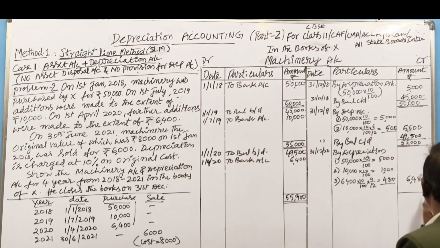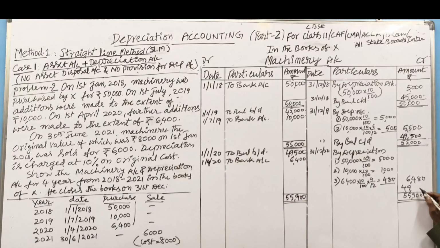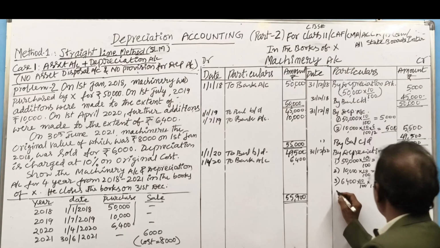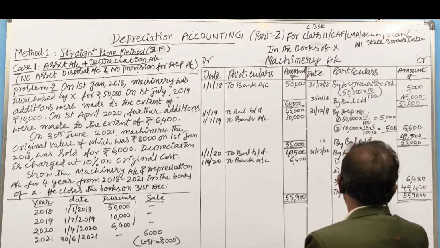Here also 55,900. Now if you take the balance, it will be 49,420. Here you have to write by balance carried down.